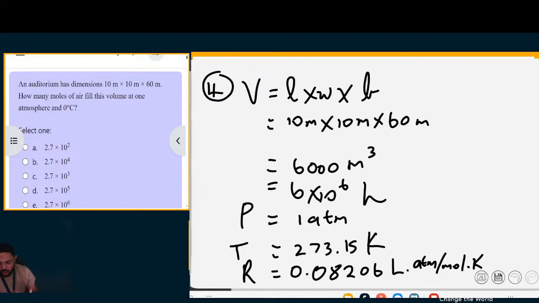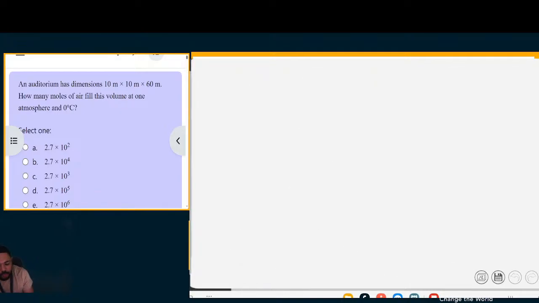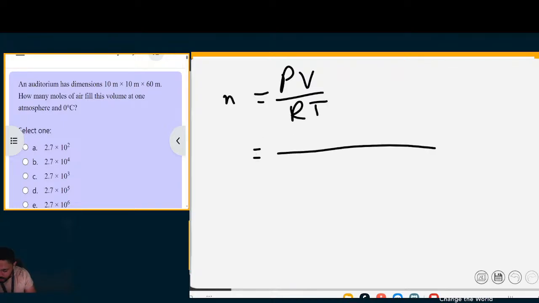So if you want to work out the number of moles, you have everything here. You have the volume, you have the atmosphere. PV over RT will give you N. So N would be PV over RT. And if you substitute everything in, the pressure is 1 atmosphere, remember. The volume is 1 times 10 to the 6 liters.